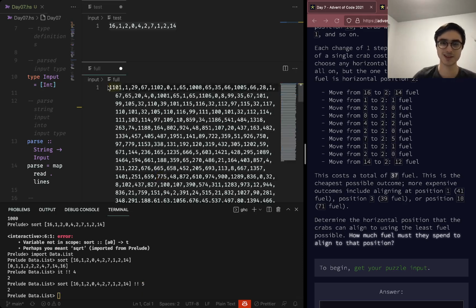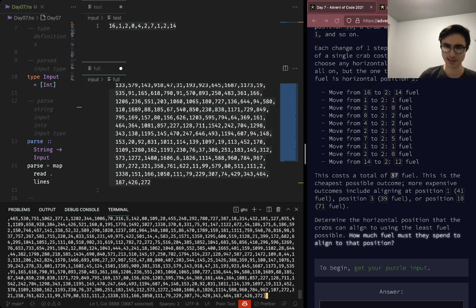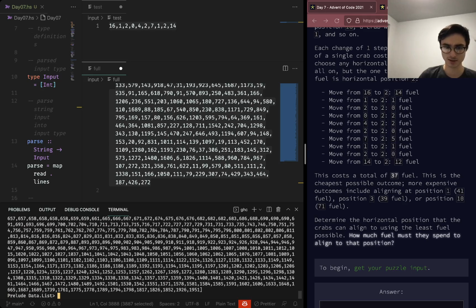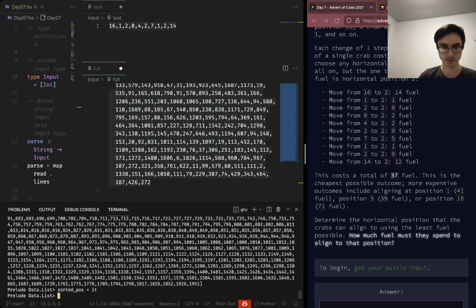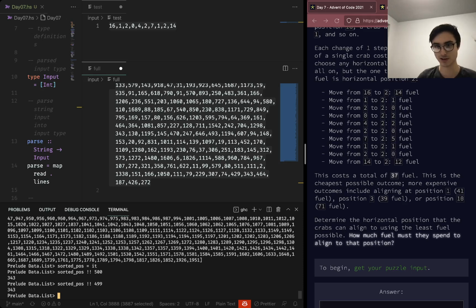So there's part of me that wants to just try the median, even though it doesn't feel like that's probably right. Sorted positions. So let's try sorted positions at 500. What's 499? 343. Should we try it?